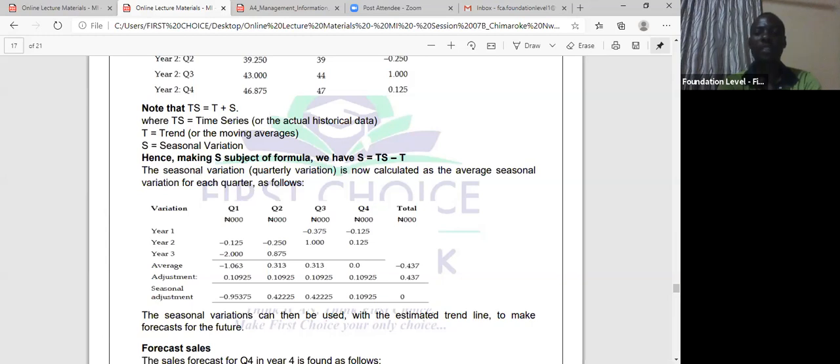Now, when we do the average, the first one is minus 0.0625. Let me approximate it to what they did.